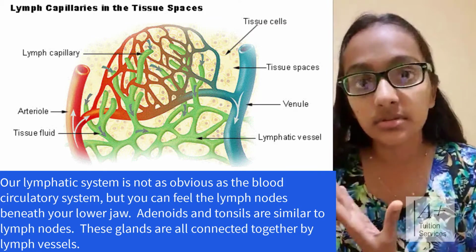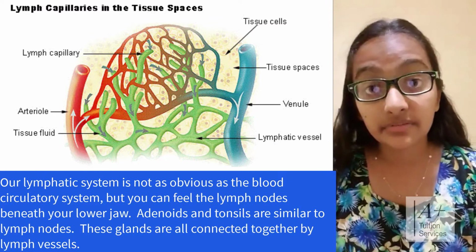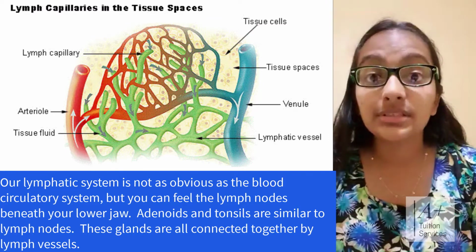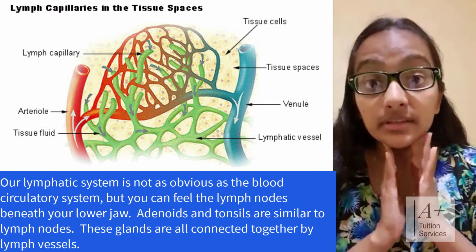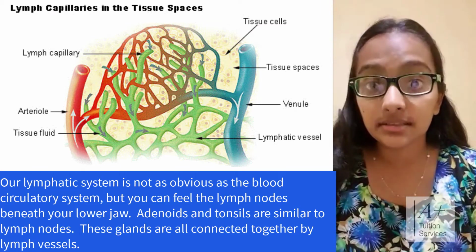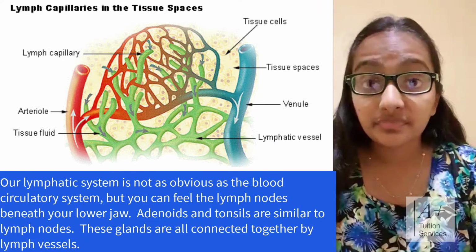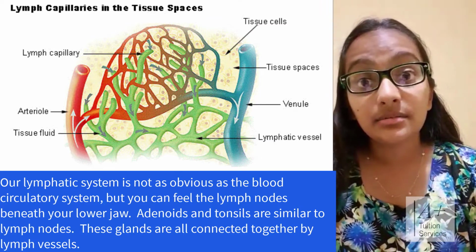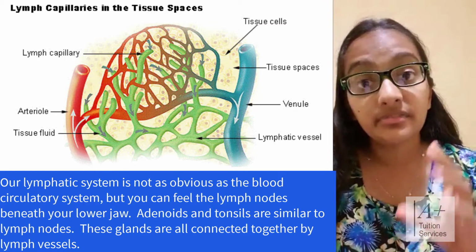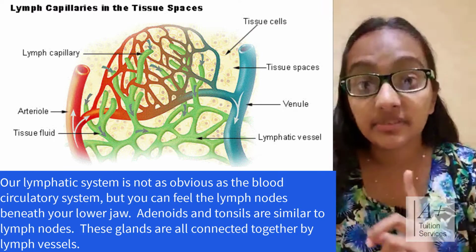They can become swollen with any viral-like illness or infections. These lymph nodes that you can feel like little lumps are connected together by lymph vessels. So that's basically how your lymphatic system works: nodes connected by little lymph vessels.